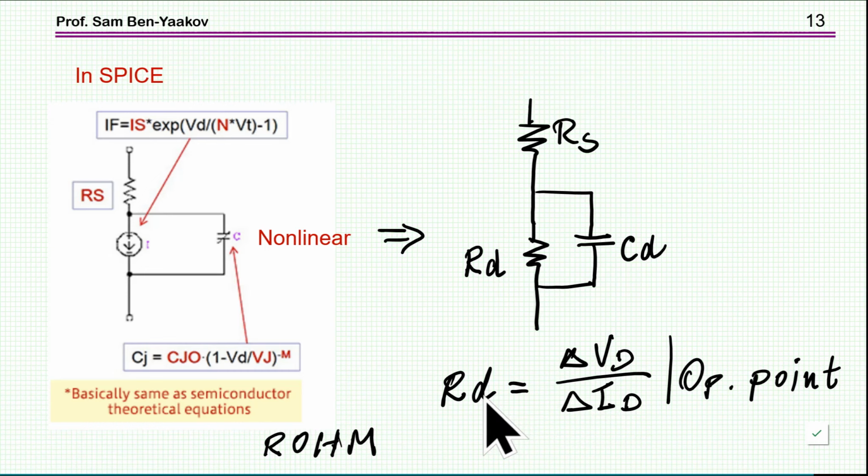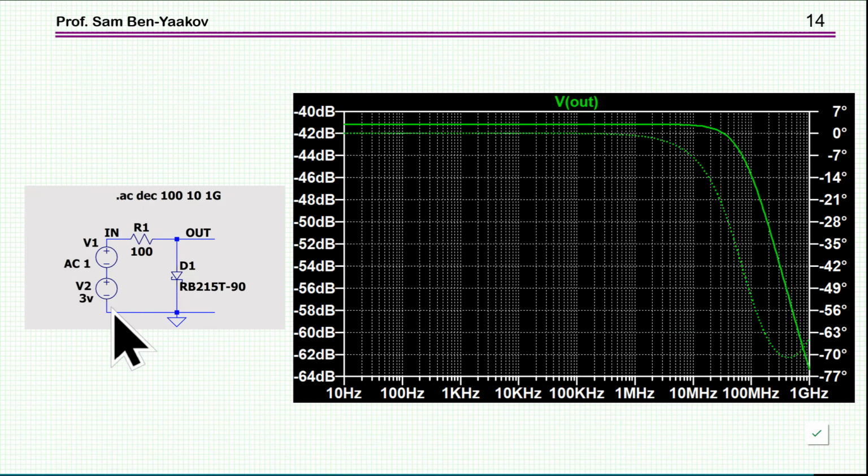So it is done numerically, and it is generating this equivalent circuit. RS is just the contact resistance of the diode. So when you have a circuit like this, and you run an AC analysis, the DC source is eliminated in the analysis, but it is used to find the operating point.